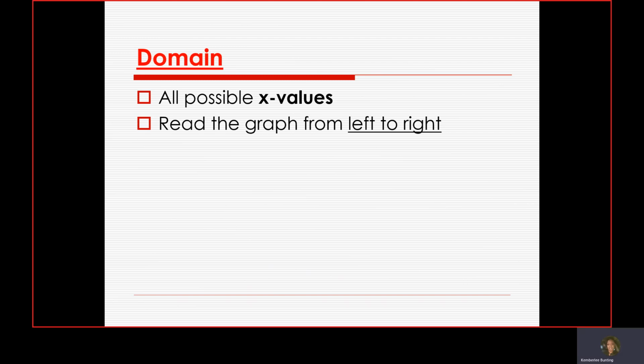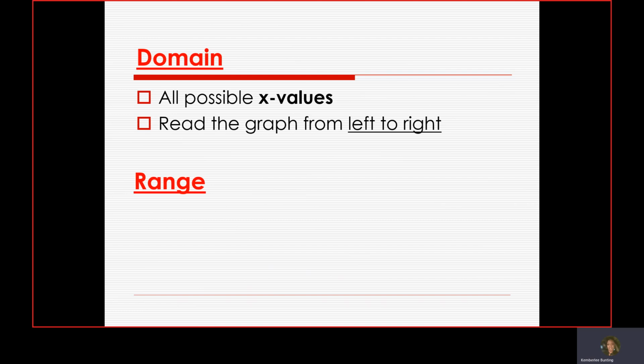The domain of a graph is determined from left to right. This is, remember, the smallest x value to the biggest x value. May I proceed? Yes? All right. Now let's talk about the range.